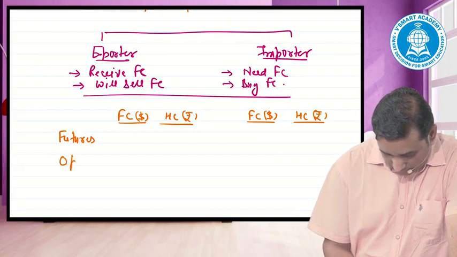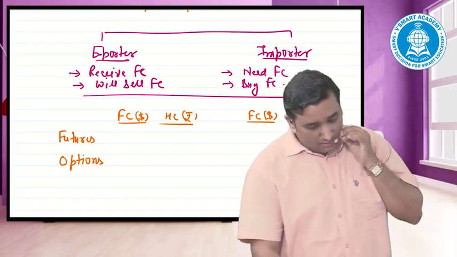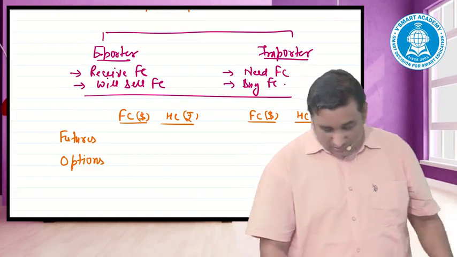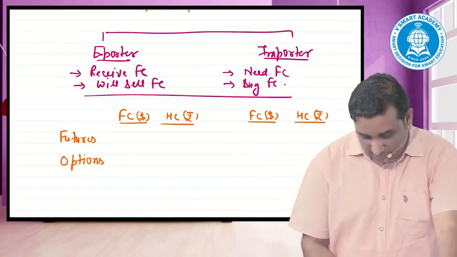Futures and options. I have taken two parts here: below exporter, foreign and home currency; below importer, foreign and home currency.